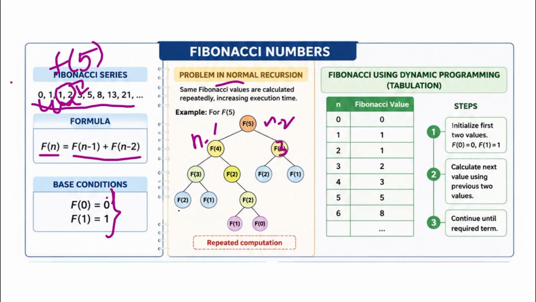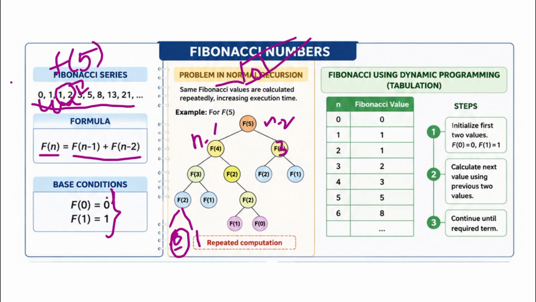Memorization is used in the recursive function only. In the normal recursion method we need to calculate the same value again and again, right? But in memorization, once we calculate the value f of 0, it is stored in memory. One array is there, and we store this calculated value here. So what is the initial value of f of 0? That is 0. Then store that 0 in memory, right?